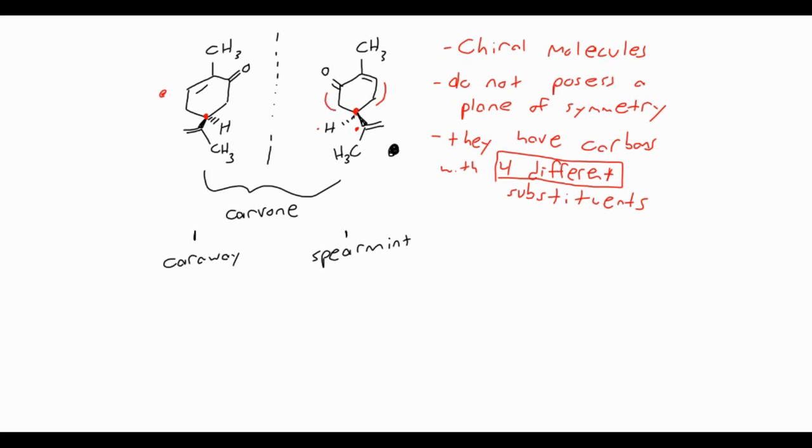And because the ring is asymmetrical, if you go clockwise this way or counterclockwise, you will get different connectivity, different atoms, so we consider those to be different substituents. And that makes this carbon a chiral center, or a stereocenter. So we can say that these make up stereocenters.